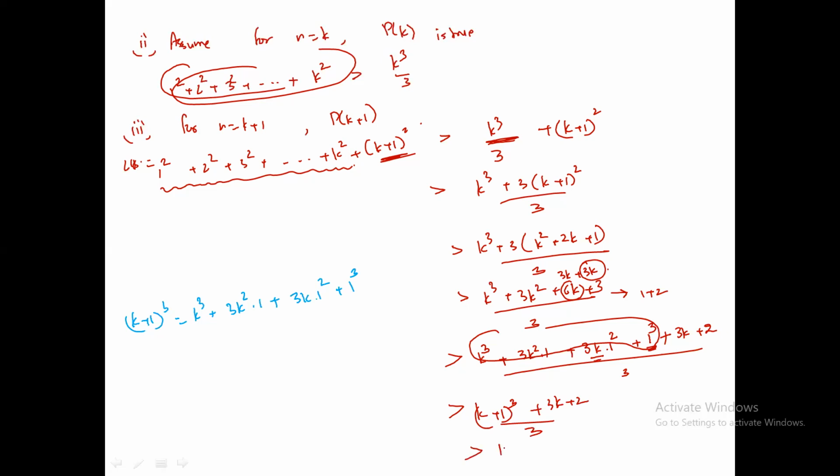That means this is greater than k plus 1 whole cube by 3, because 3k plus 2 extra is there. So we have taken the left hand side. If you take the right hand side, you will have k plus 1 whole cube by 3, the same thing which we got. So finally you can write, by principle of finite mathematical induction, P of n is true.